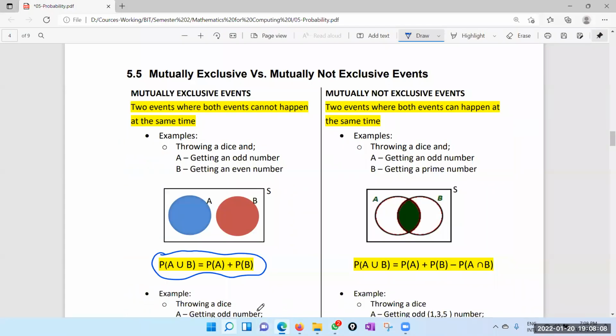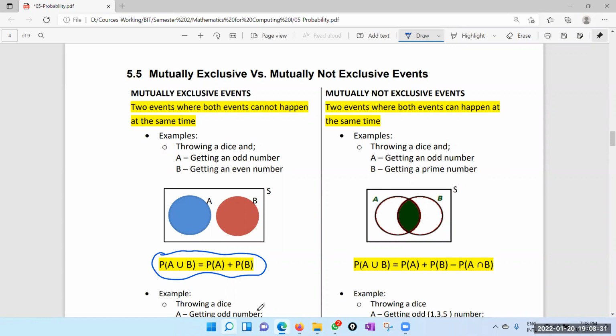Right. If they are not mutually exclusive, that means at least one outcome belongs to both events. For example, event A is getting an even number, event B is getting a number less than 4.